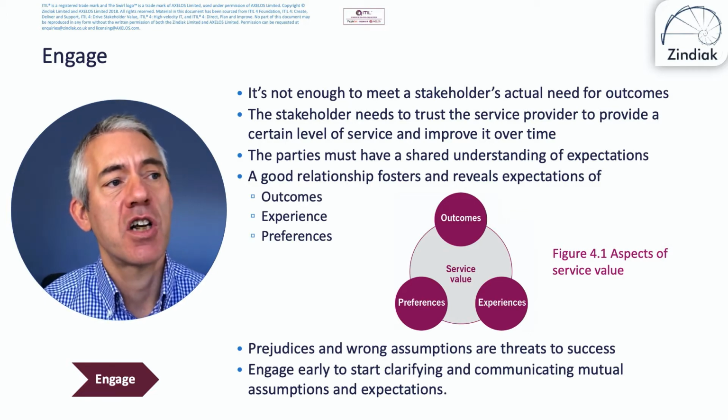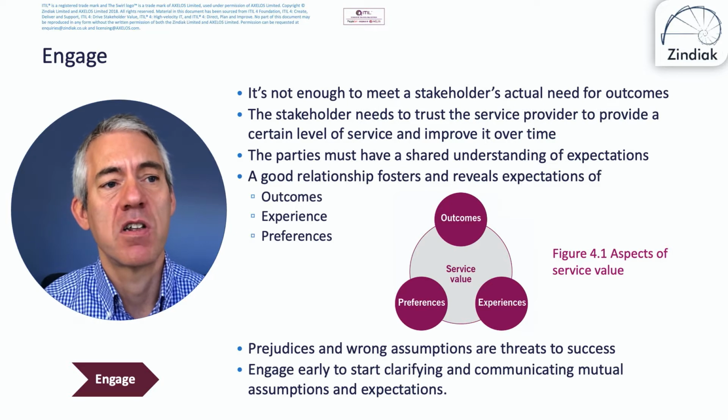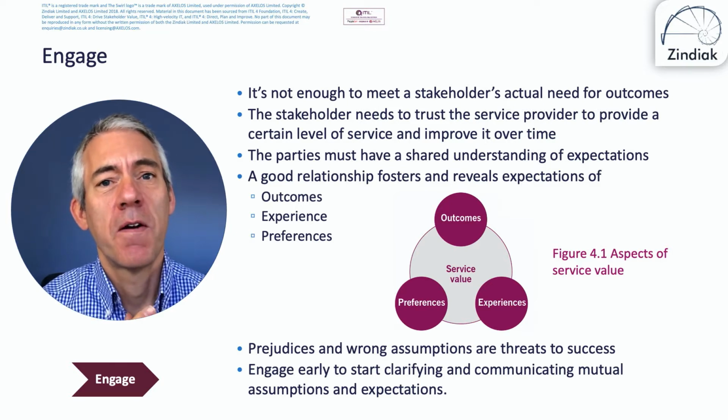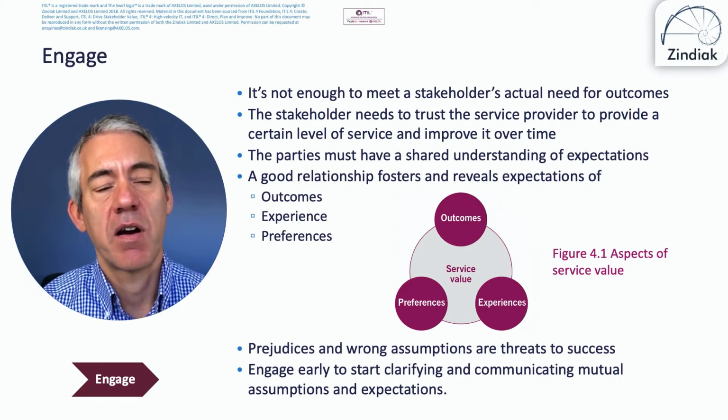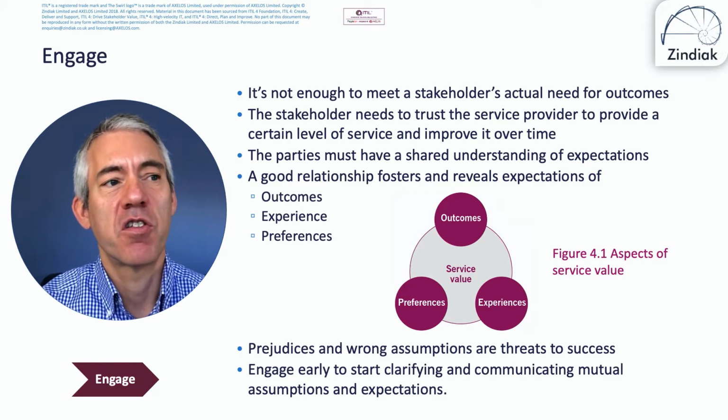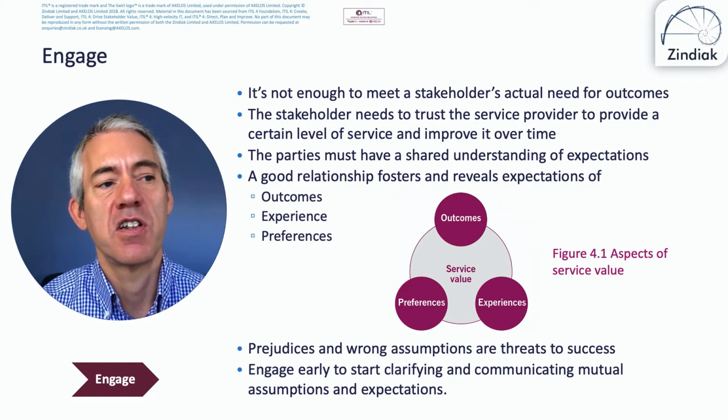A good relationship fosters and reveals expectations of outcomes, experiences, and preferences. Those of you who are familiar with ITIL version 3 will be familiar with this diagram, figure 4.1 on the slide, except in version 3 it had outcomes, preferences, and perceptions.